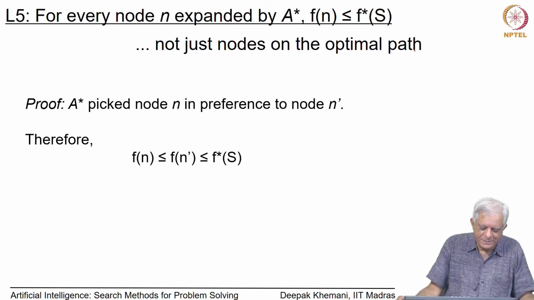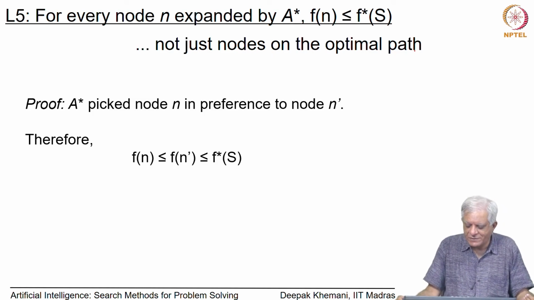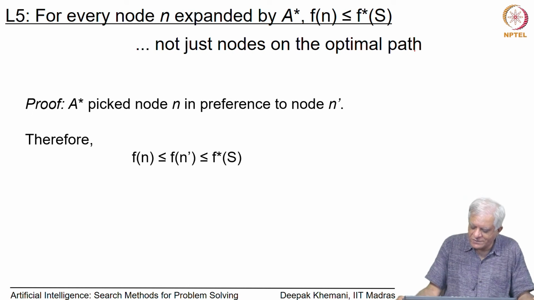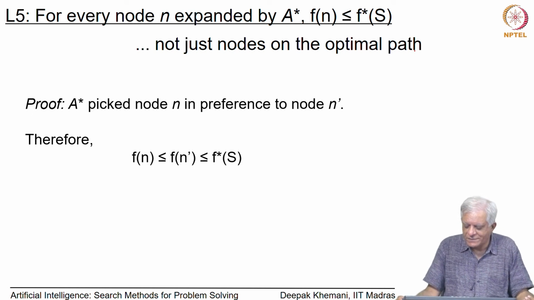What is the proof for this? The proof is very simple: A star has picked this node n when it could have jolly well picked the node n prime, which we have shown always exists on the optimal path. So, clearly the value of f of n can at most be equal to the value of f of n prime, because we have not stated what the criteria is for choosing a node if two values are equal.